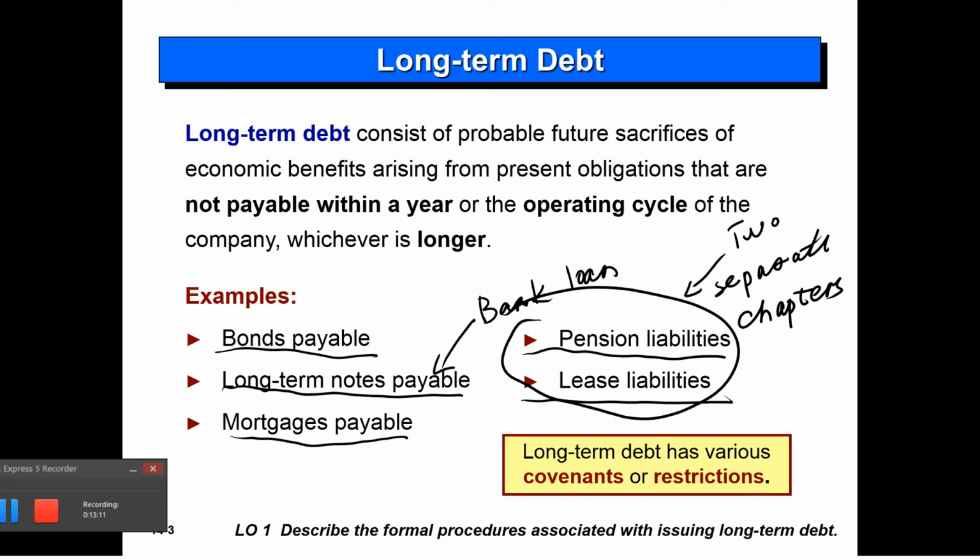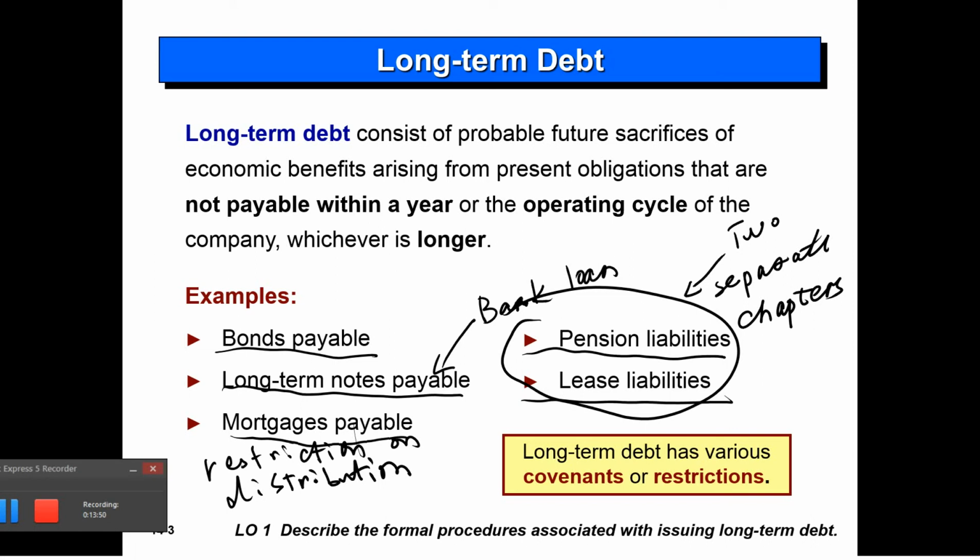One typical example is the restriction on distribution. What is restriction on distribution? Companies make a profit, right? Sometimes they report losses as well, but let's just assume that companies make profit.